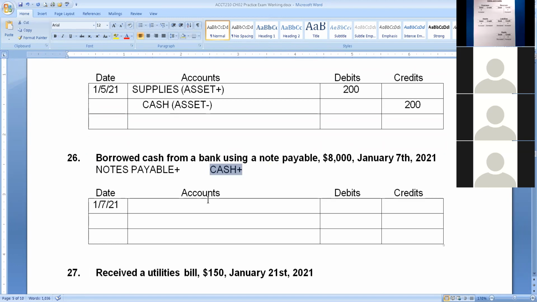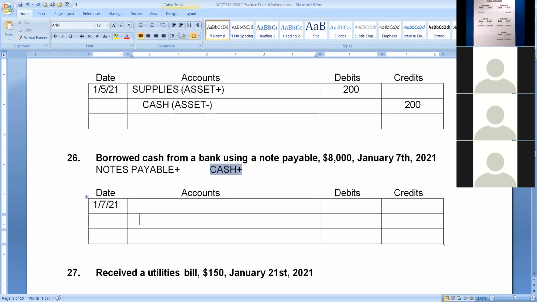So what's the journal entry going to be? Notes payable. Debit or credit? Would it be a debit? No, close. So it's going to be a liability, and it's going to go up. So it'll be the credit.